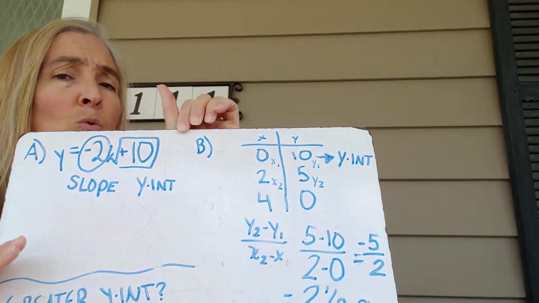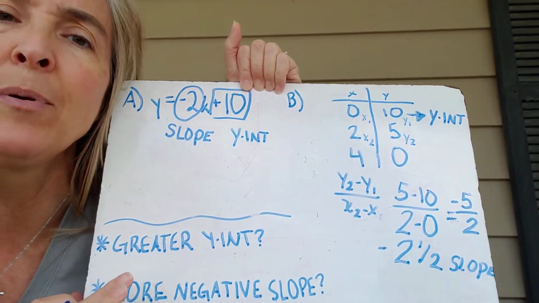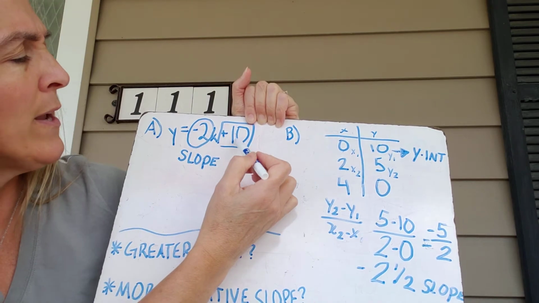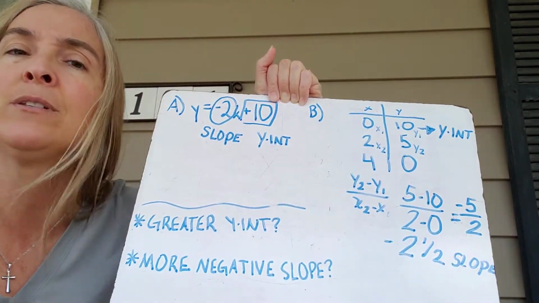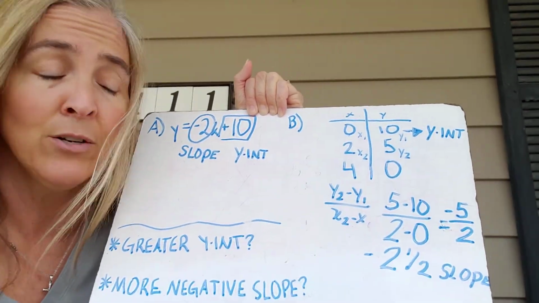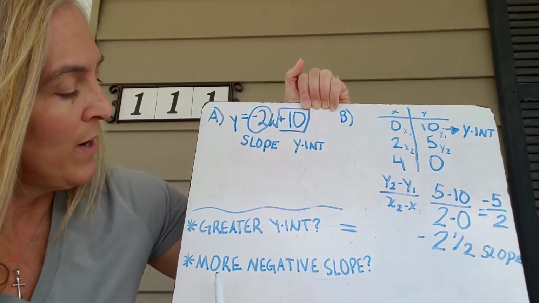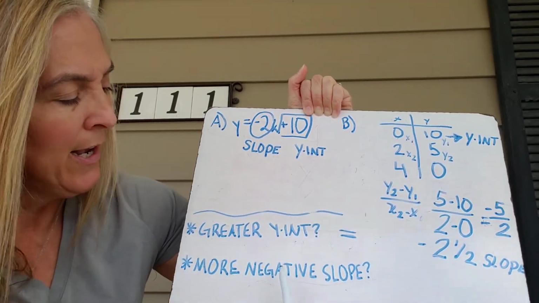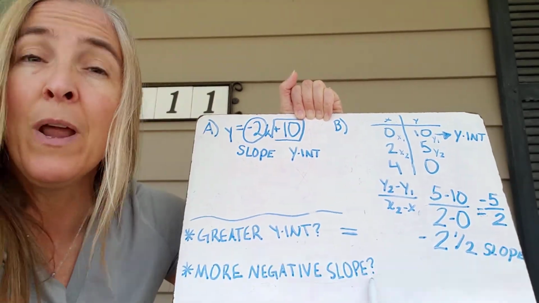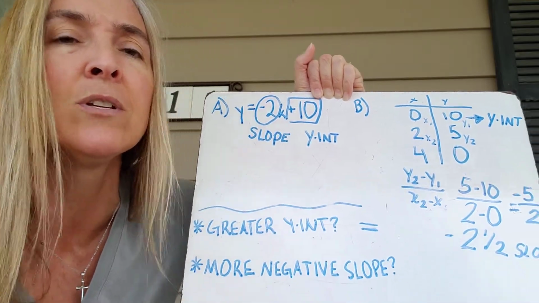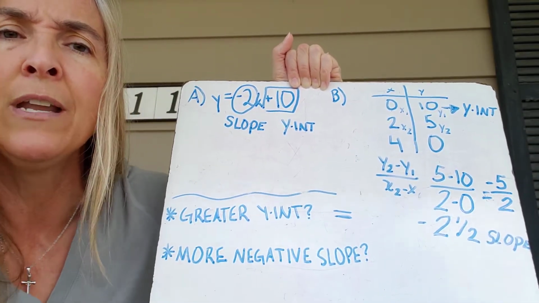When you are asked one of these 2 questions, you should be able to answer. Which one has the greater y-intercept? Well, this y-intercept is at 10, this y-intercept is at 10. So the y-intercepts are equal. Which one has a more negative slope? Now, I chose this phrasing because this is one of the questions, or the way it's worded.